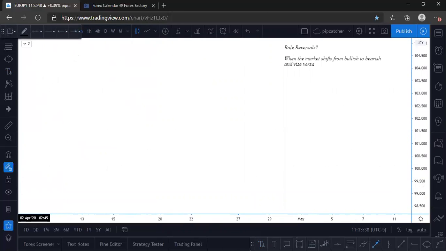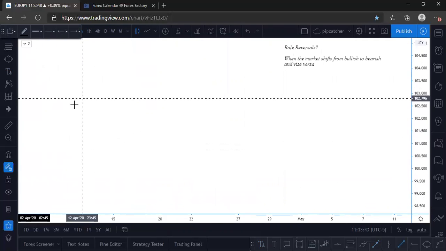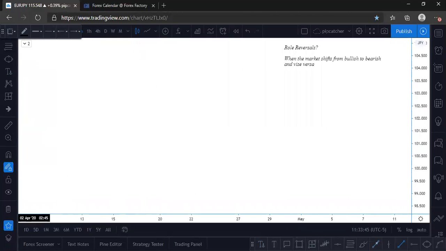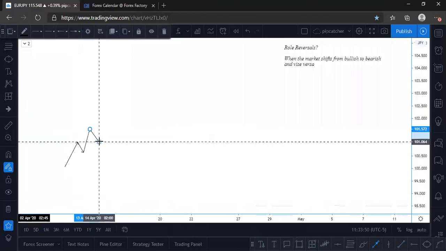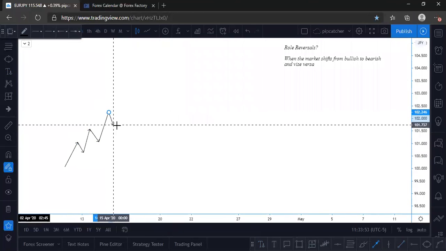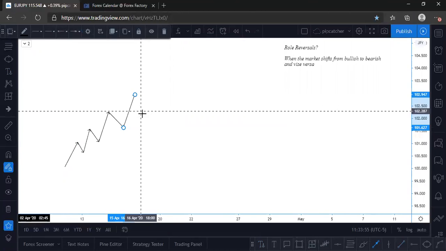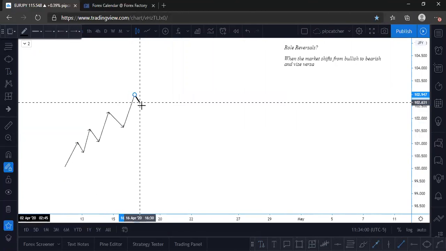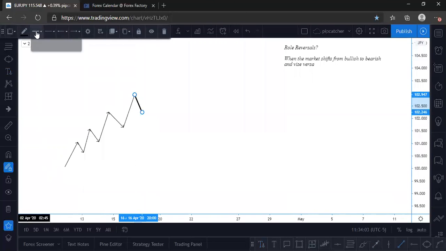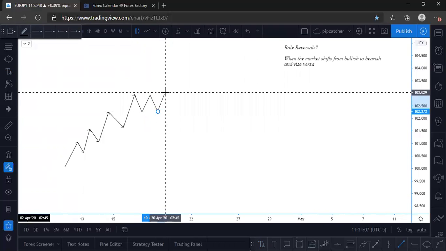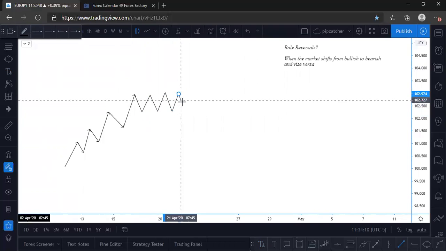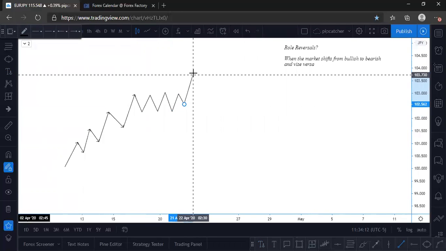So say we have a bullish market, okay? So we've been going upwards like this, right? We've been going up, and then all of a sudden we kind of get this consolidated area and then maybe a spike up.